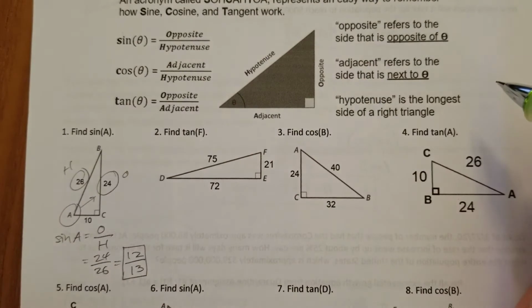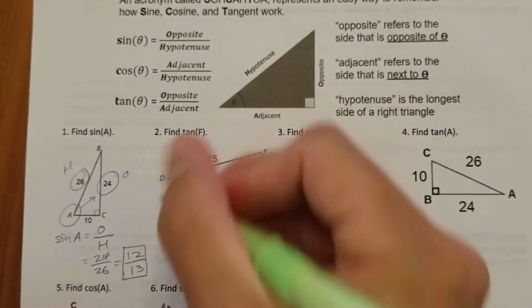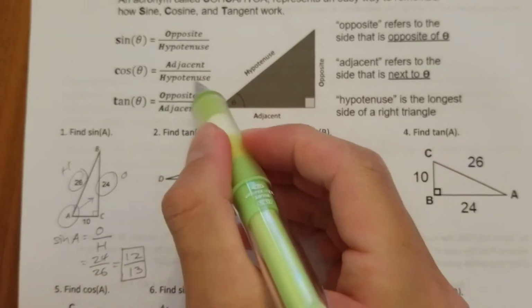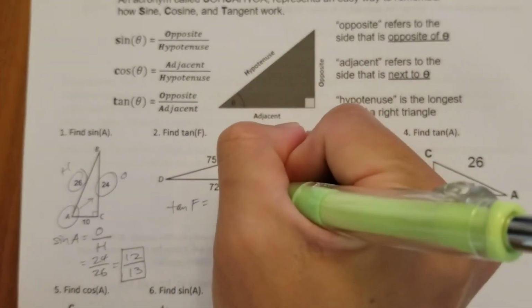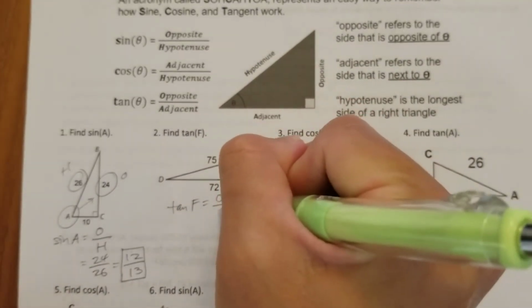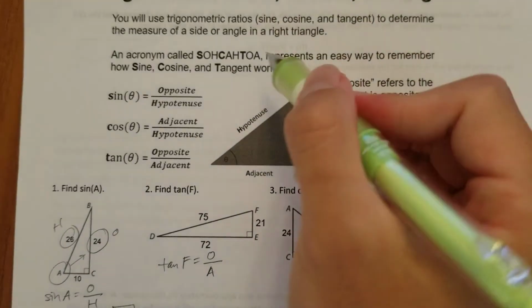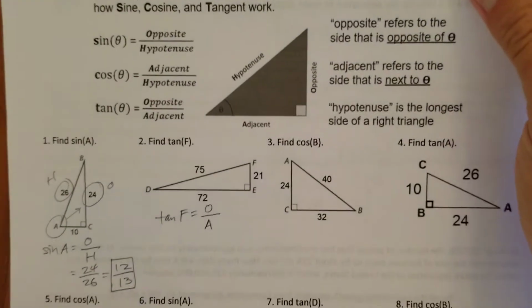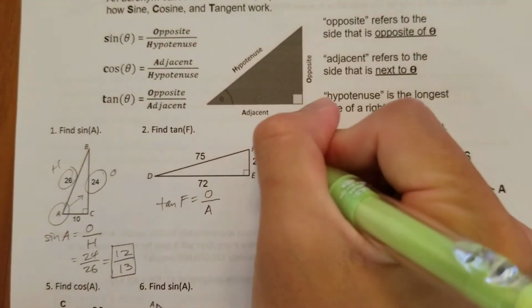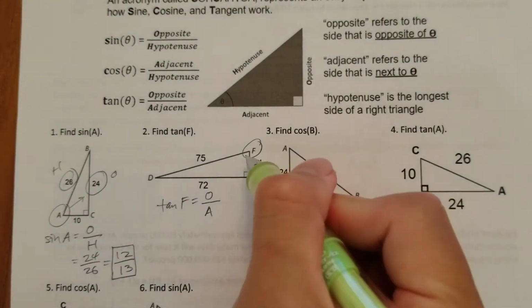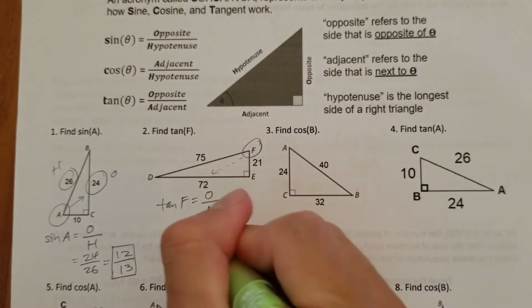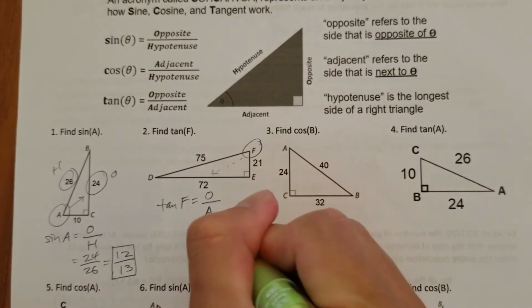Number 2, find tangent of F. Tangent of F is going to be represented by the opposite side divided by the adjacent side. That is represented by TOA. This is our reference angle. The side that is opposite of this angle is going to be 72.